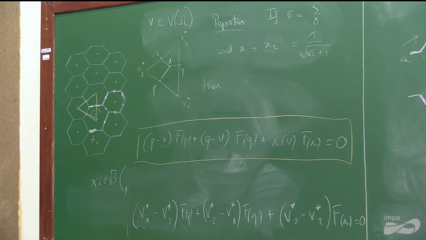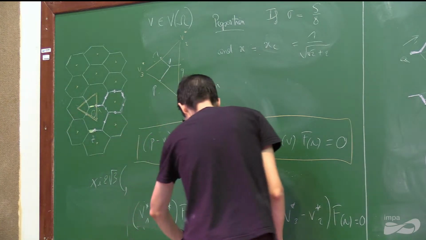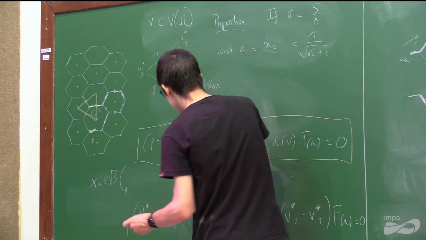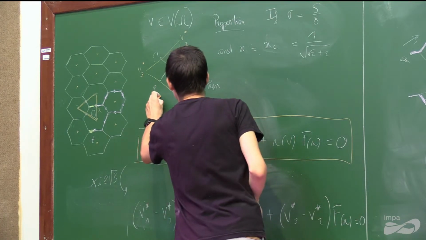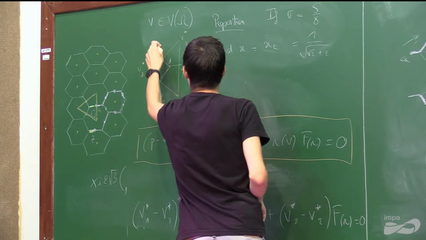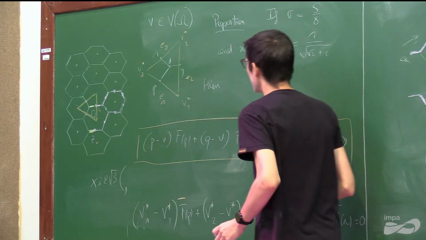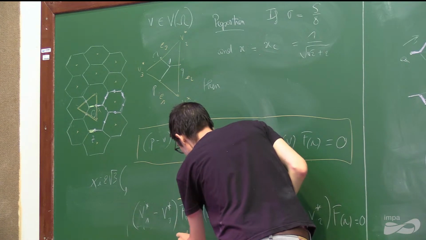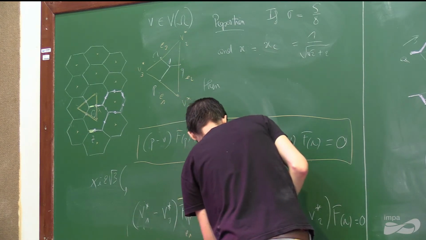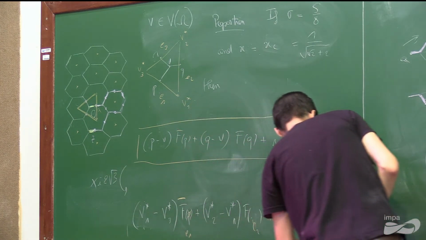Okay, and now, instead of defining f on the mid-edges, I could say that this is f of E1, this is f of E2, and this is f of E3.